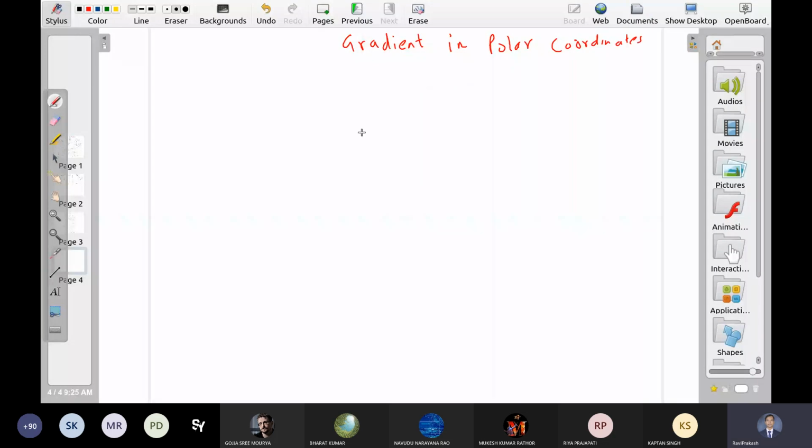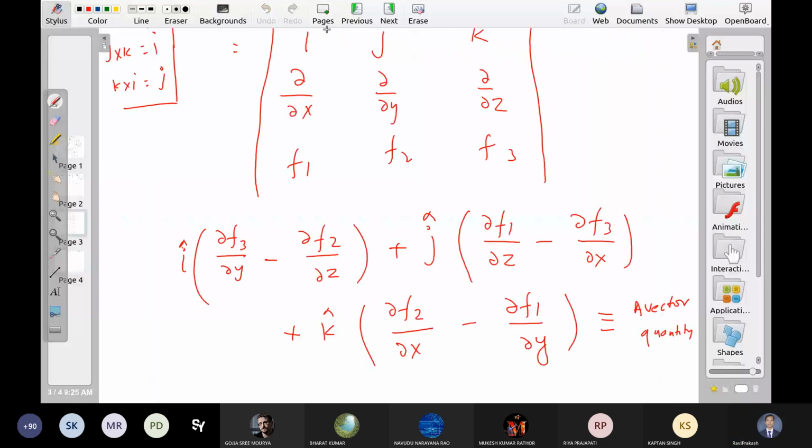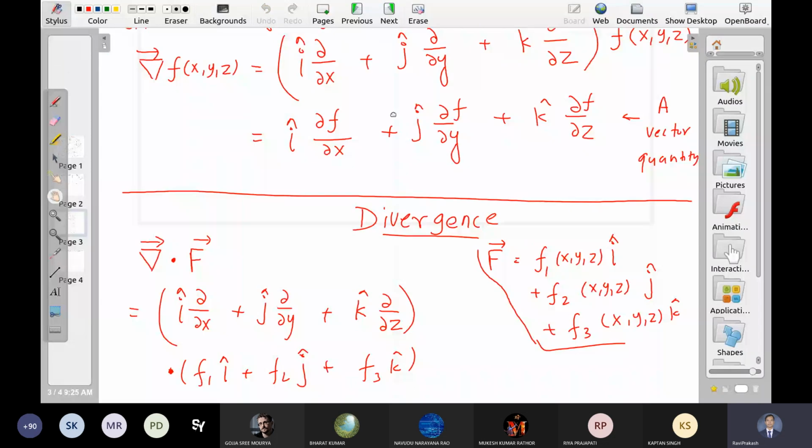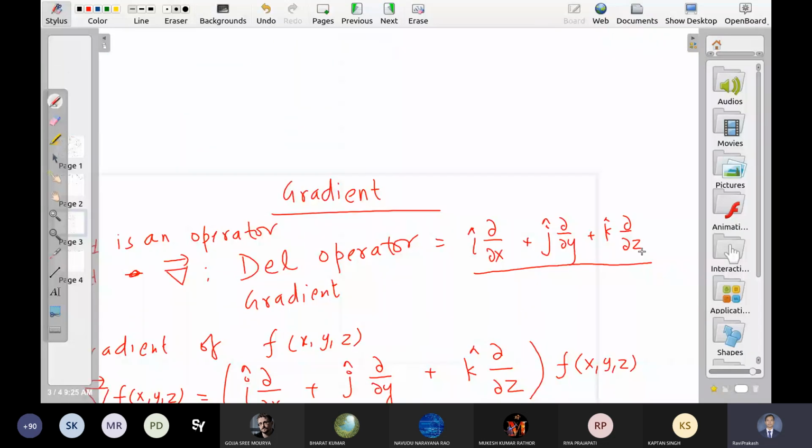So in Cartesian coordinates, what we have defined, this is the del operator, right? What is the form of this operator? Because we have to know the form of this operator first, then only we can do the other parts. What is the form of this operator in polar coordinates?